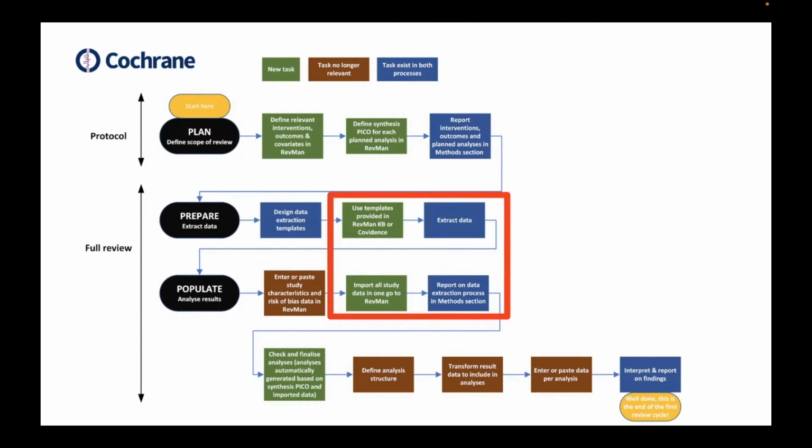I'm sure some of you have attended the recent webinars by Cochrane on their updated review workflow. We wanted to show this slide in particular to demonstrate where Covidence fits into this process.